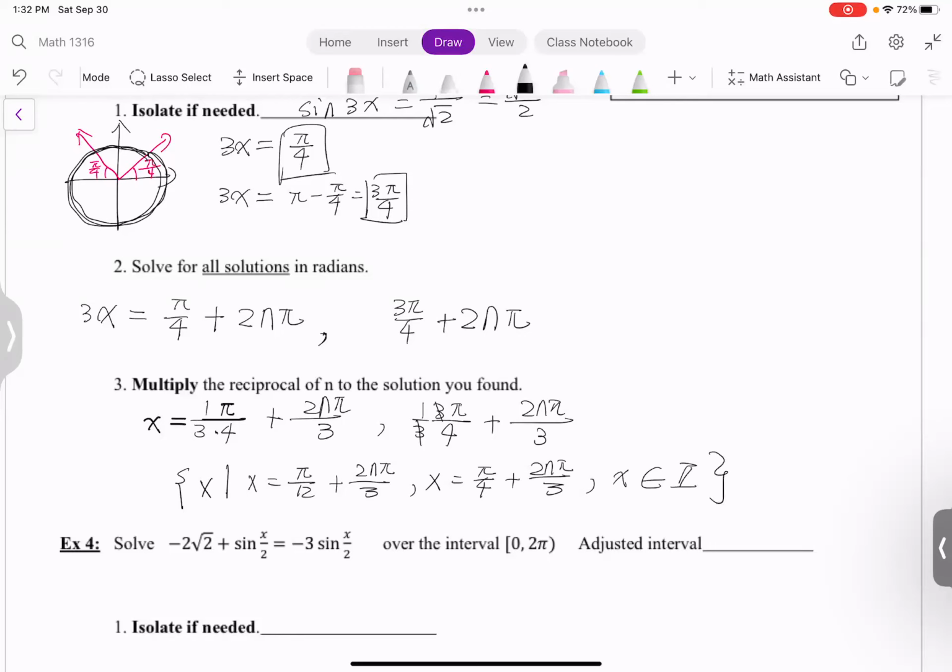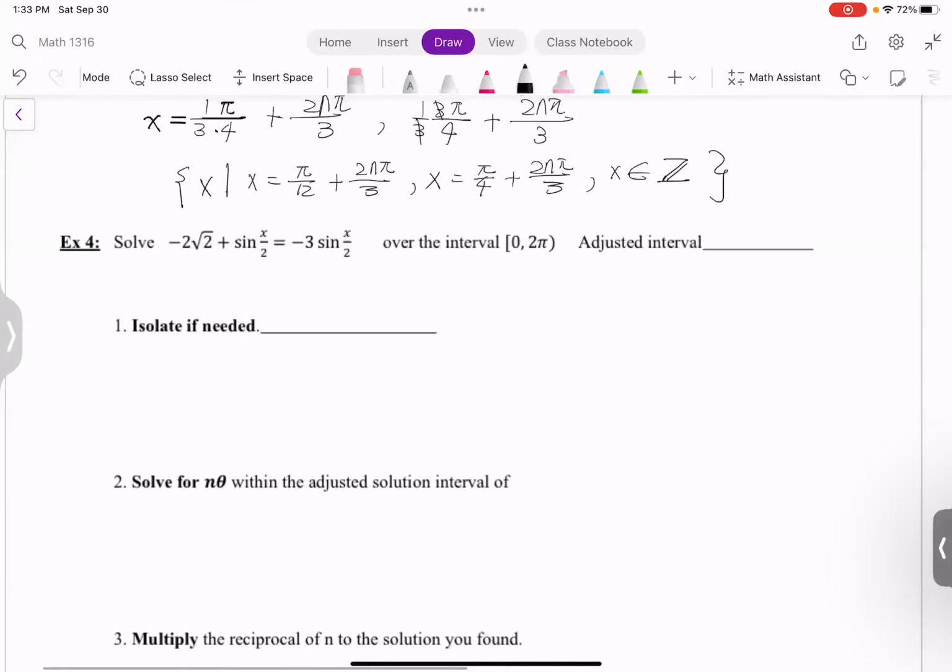So if you do not have this, you say n is any integer. Or, for short, n belongs to the integers. All right, let's see the next example.